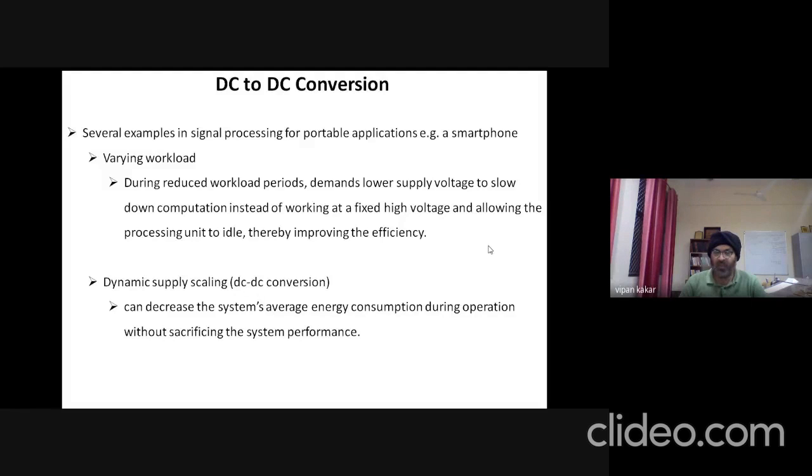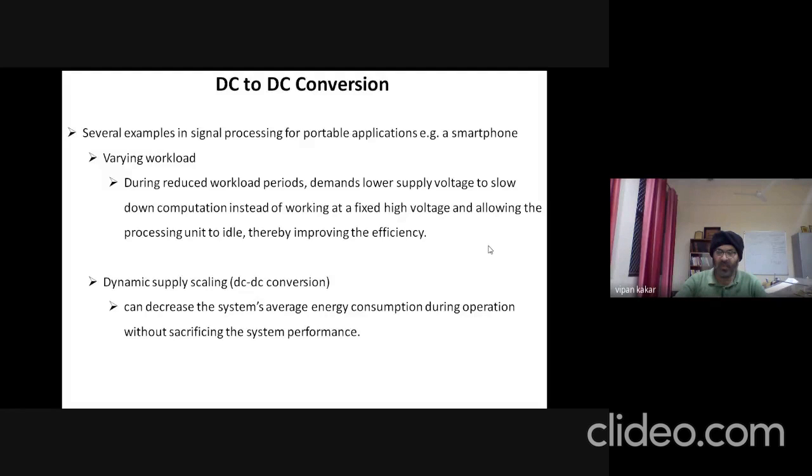Like input is 3.3 volts, output is 2.4 volts. That is fixed. We can do dynamic scaling also, so that not only one fixed value, but it can be scaled from 2.4 volts to 1.5 volts, as we did in the first slide. So that dynamic scaling is very much useful in smartphones, in laptops, in all different types of devices, where we can scale the voltage levels from 2.4 to 1.5 volts dynamically.